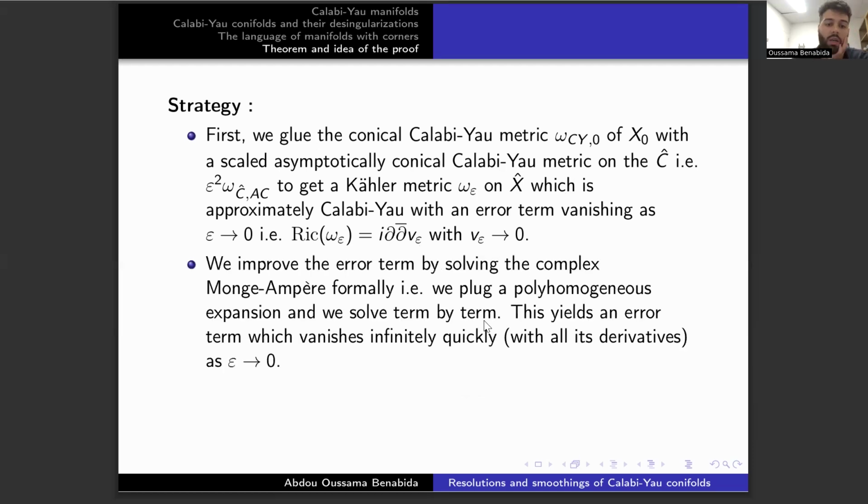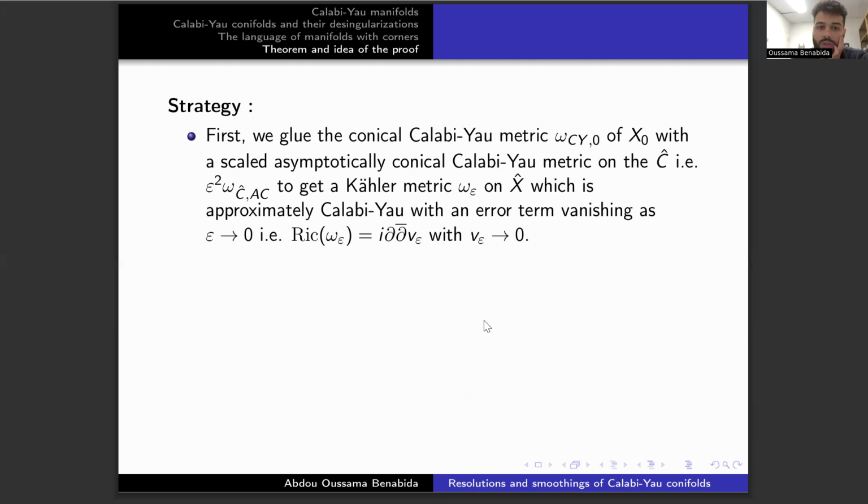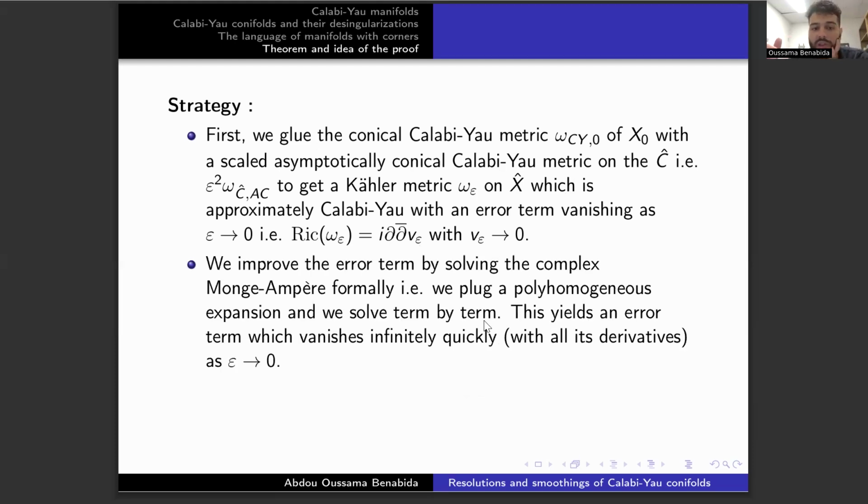And then we want to solve the complex Monge-Ampère equation to turn this into Ricci-flat. Before solving directly, we will improve the error by solving this complex Monge-Ampère equation formally. What does formally mean? It means that we plug in a polyhomogeneous expansion. Why a polyhomogeneous expansion? Because in the Monge-Ampère equation the linear part is elliptic, it's the Laplacian.